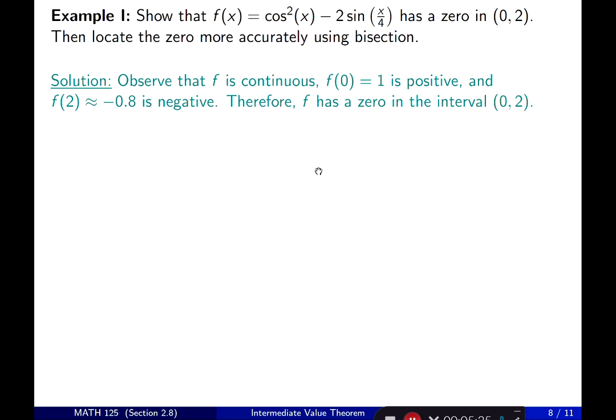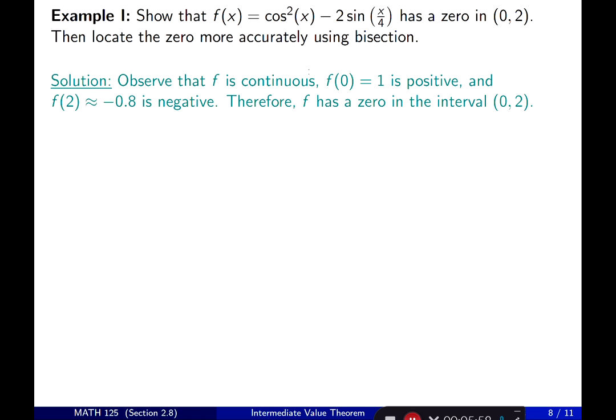First, to show that there is a 0 in the open interval 0 and 2 of this function, you evaluate the function at 0. So f of 0 is cosine squared 0 minus 2 sine of 0, which is 1, a positive value. Then find f of 2.